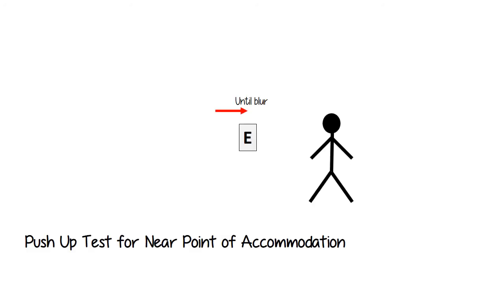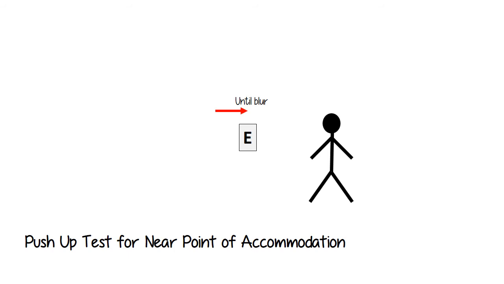And what we're going to do first is assume that our patients are emmetropic while I explain these first couple tests. The first test is called the push-up test, and what we do is take a card with a very small print, like a 6-point, and move it closer until it blurs, until the patient can no longer read it.